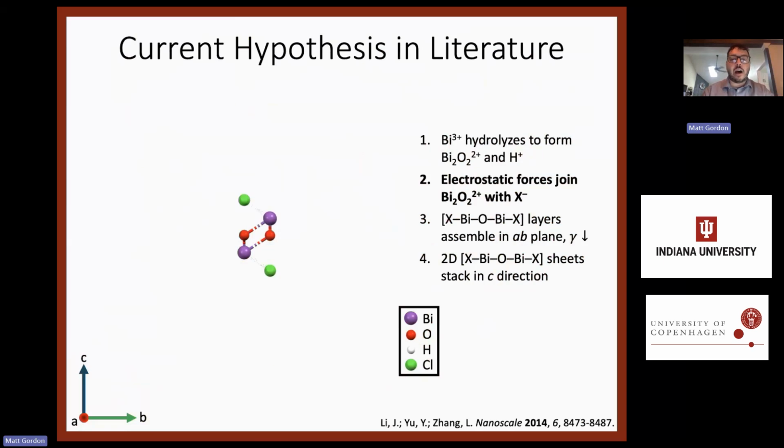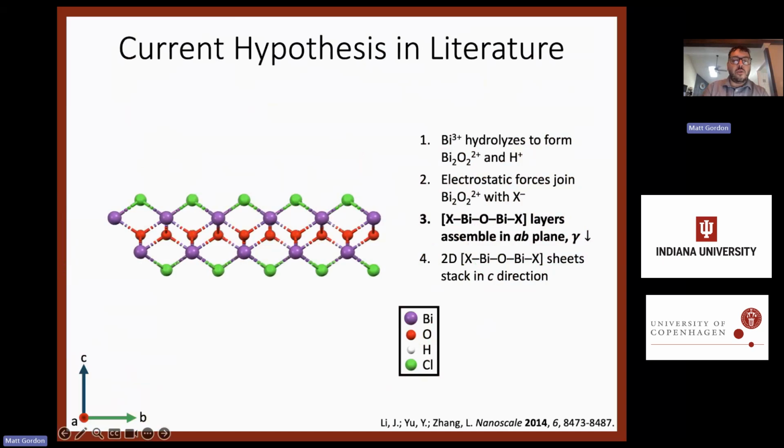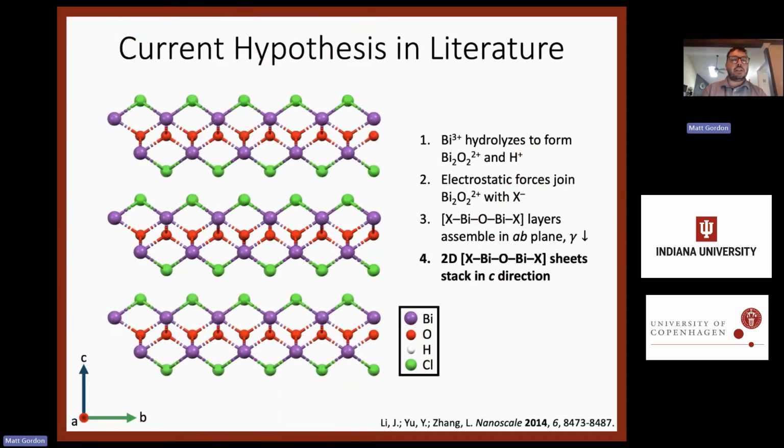We then have them bind together with chloride ions to produce this more neutral nuclei. Those nuclei then begin to assemble in the AB plane to lower the overall surface energy of this layer, and then those layers stack in the C direction through van der Waals forces, forming our overall BiOCl crystal structure.